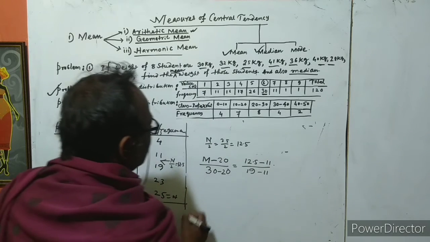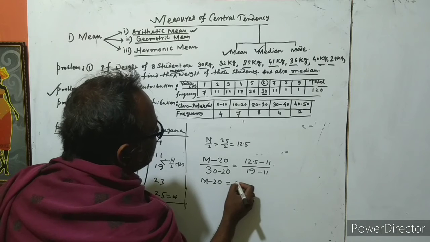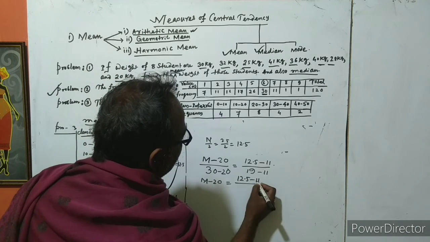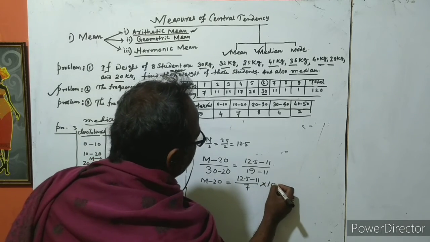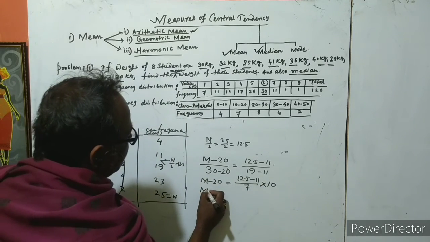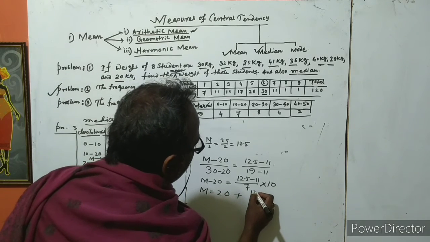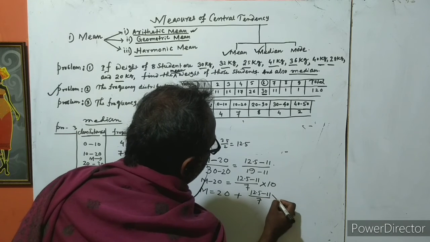So m minus 20 equals 12.5 minus 11 by 7 into 10. So m is equal to 20 plus 12.5 minus 11 by 7 into 10.